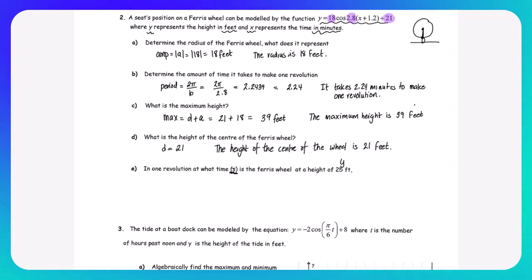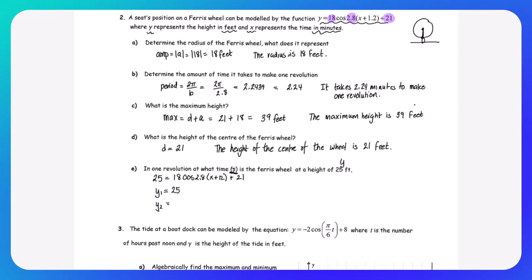So what we're really trying to solve is this equation right here. And the way we do that is we make one side equal to our y1. We make the other side equal to our 18 cos 2.8 x plus 1.2, plus 21 on our y.